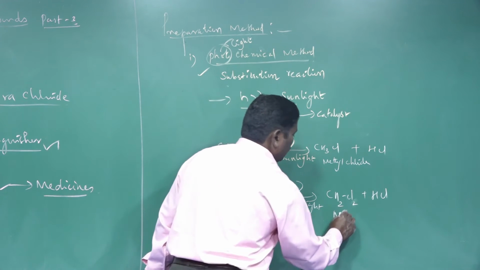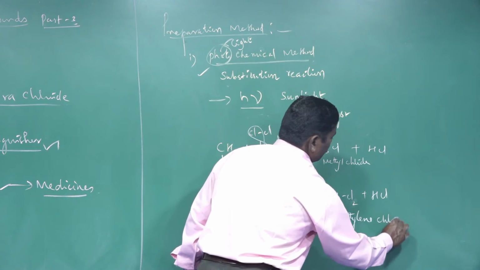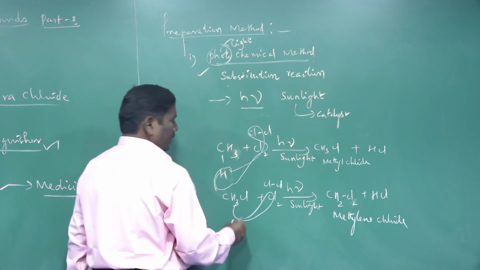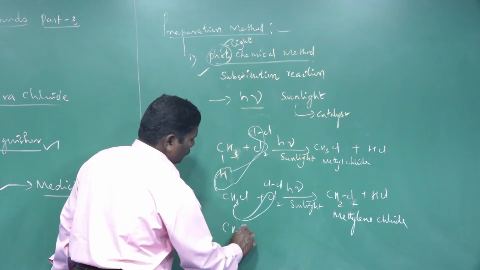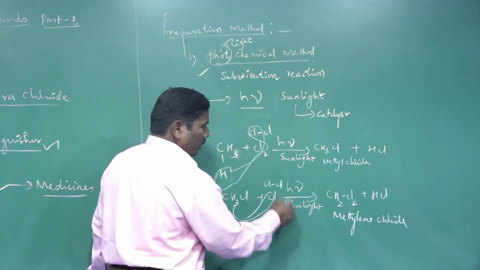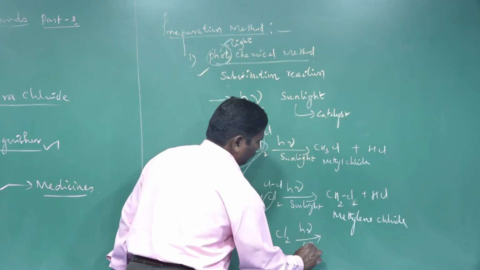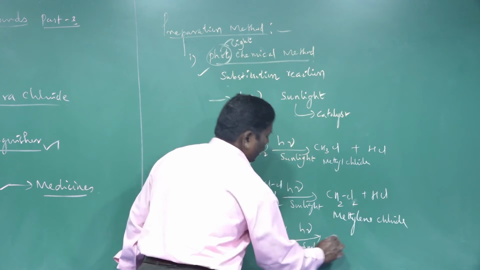CH2Cl2 is called methylene chloride. In the next step, methylene chloride CH2Cl2 undergoes the same substitution: instead of one hydrogen, one chlorine substitutes, with Cl2 and the same sunlight.